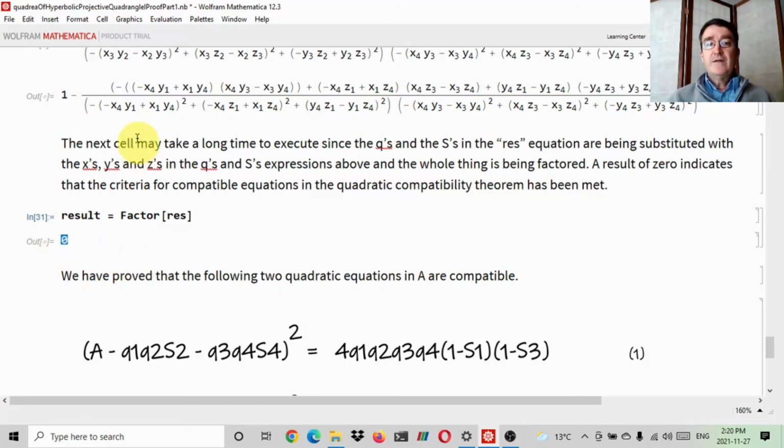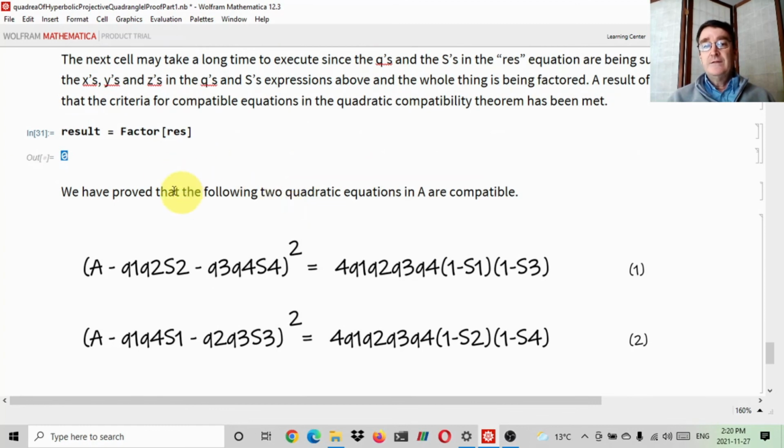And that proves that, with that result, when that is 0, that means the criteria for these 2 quadratic equations being compatible has been satisfied. So therefore, we have proved that the following 2 quadratic equations in A are compatible.